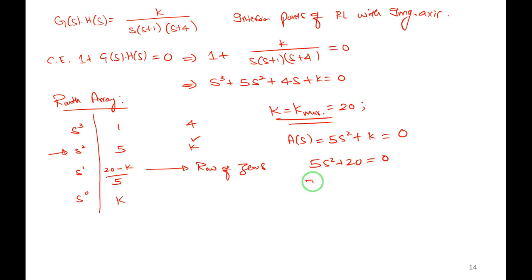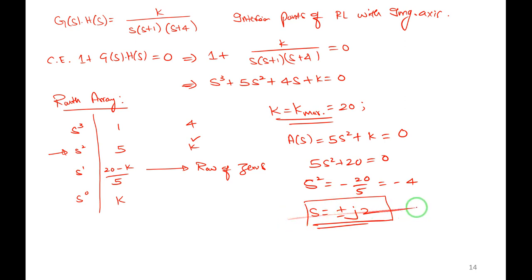So 5s square equal to minus 20, s square equal to minus 4. So S equal to plus or minus j2.